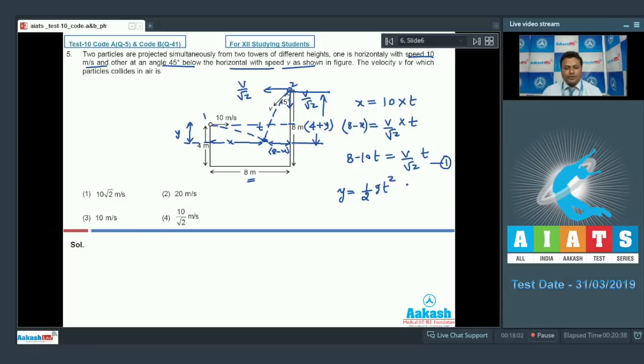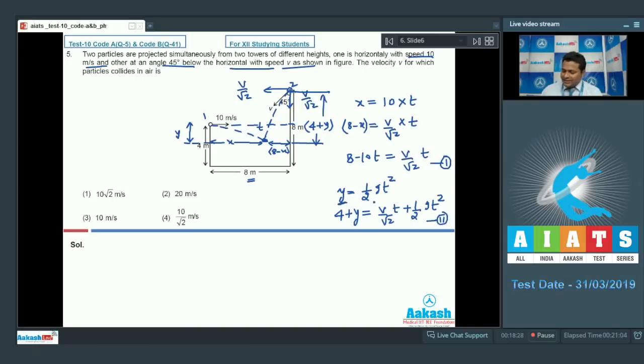And for particle number 2, the vertical height covered is 4 plus y, and it is given by ut plus half gt square. u is the component of initial vertical velocity, that is v upon root 2, into t plus half gt square. This is suppose equation number 2.